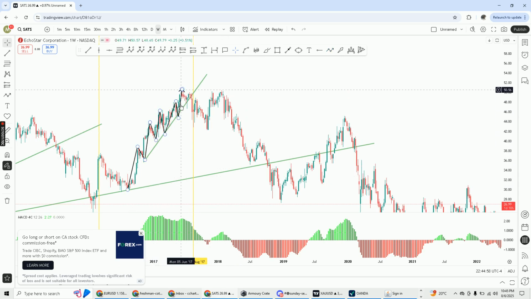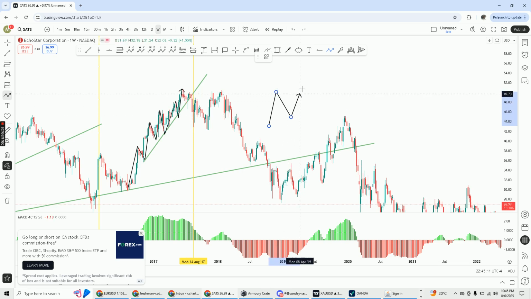And basically all you're doing is connecting the bottoms here, right? Once price goes like this, price is already trending because it made a higher high. It made a high higher than this one.